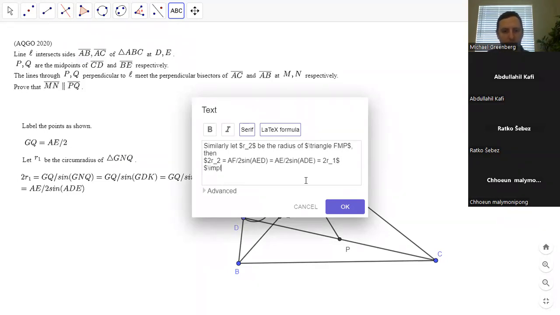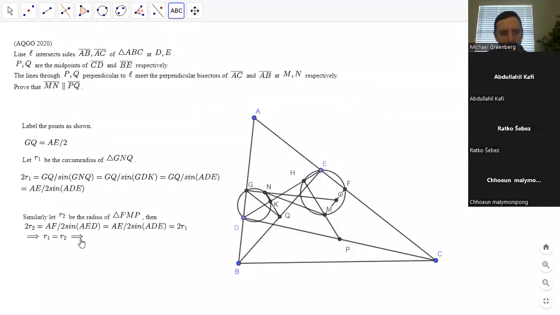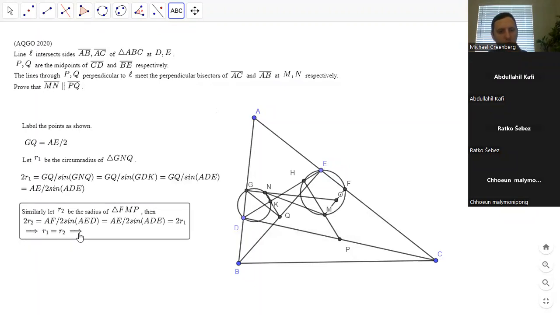And that means that R1 equals R2, and then that means that NQ equals MP. Is that right? I just have to write the angle chase, which proves the two angles are the same.